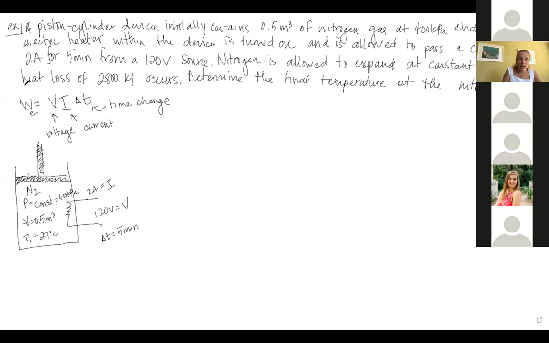We know that heat is being lost from the piston cylinder, so we have a negative Q, and this is going to be negative 2,800 kilojoules that are coming out of our system. And we know that our work is positive because we have this electrical work coming into the system.